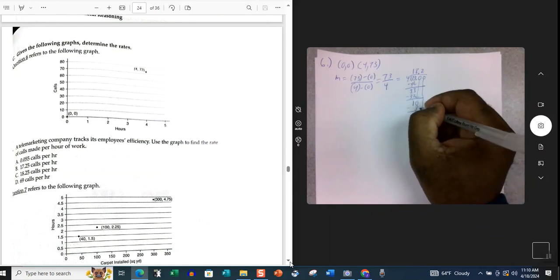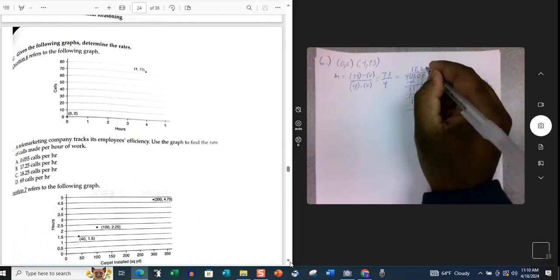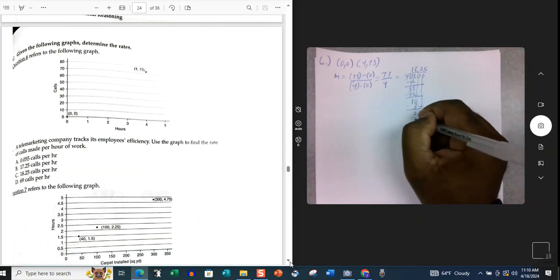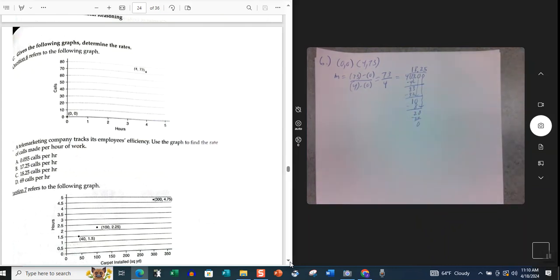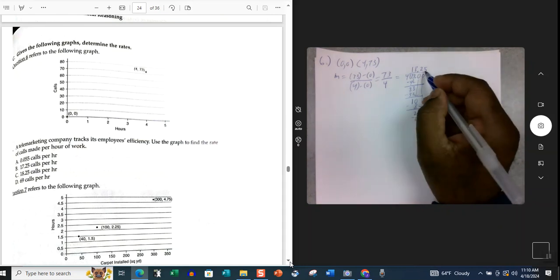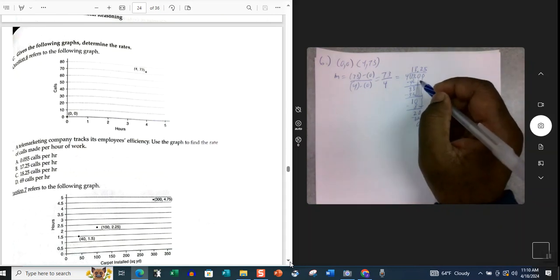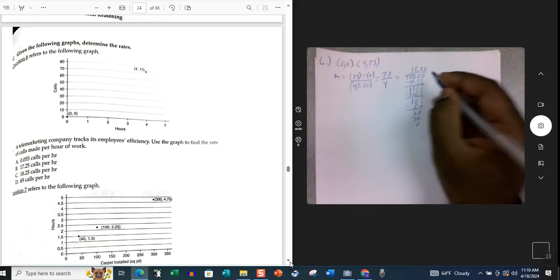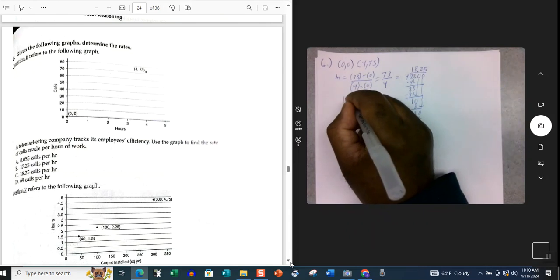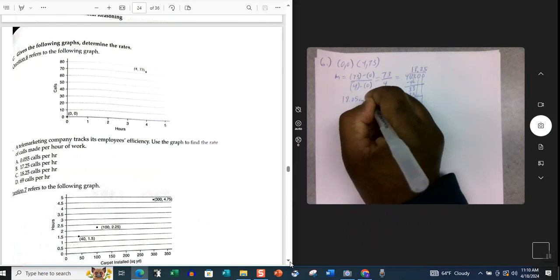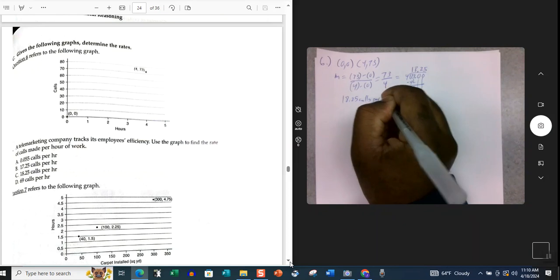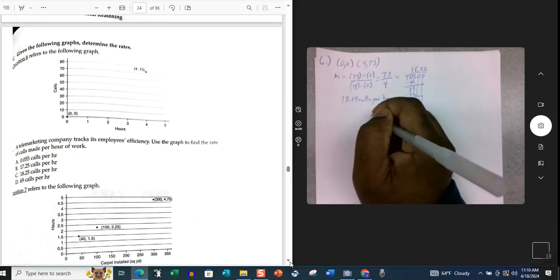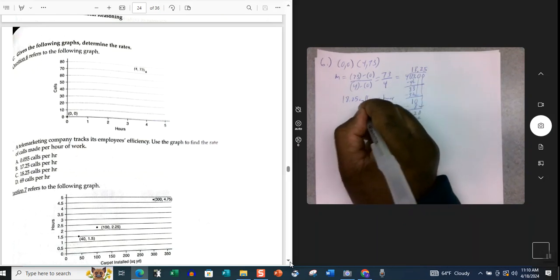Add a 0. Bring down your 0. 4 goes into 20 5 times. So you have nothing remaining here. So your answer here would be 18.25 calls per hour. So it's 18.25 calls per hour. And that is actually C.